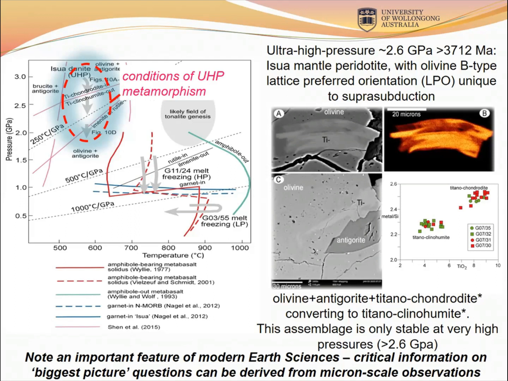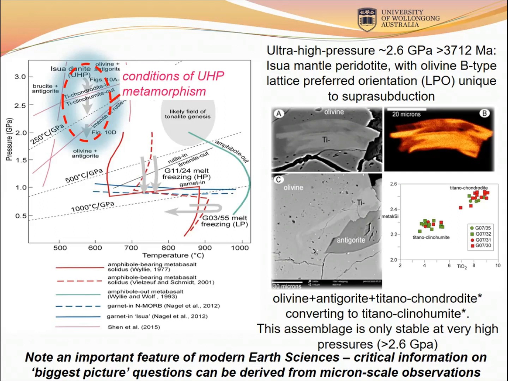And this shows over here some electron microscope images of some of these things. So it shows the stability of olivine and antigorite in these titanium phases.